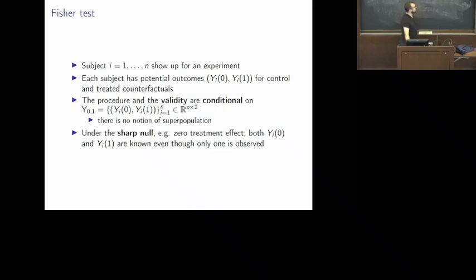Okay, so this Fisher test: each subject has potential outcomes y0 and y1, and the procedure and its validity are going to be conditional on everybody's potential outcomes. So conditional on the data, even though only half of it is observed, under the sharp null of zero treatment effect, I know yi0 if I see yi1, and vice versa.